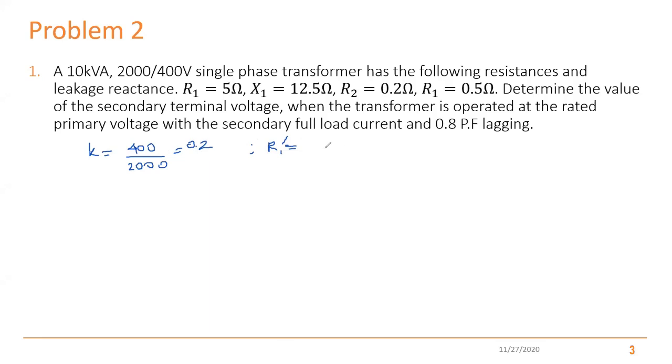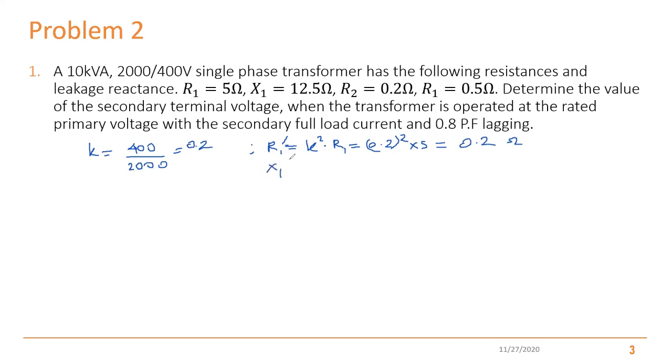When you are moving resistors from primary to secondary, you have to multiply by the transformer ratio squared, K squared R1. K is 0.2, 0.2 squared into 5. Again 0.2 ohm.